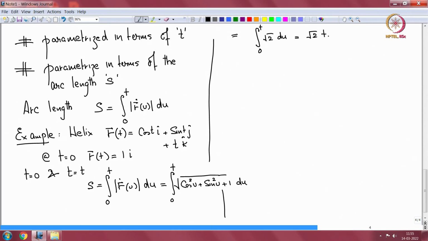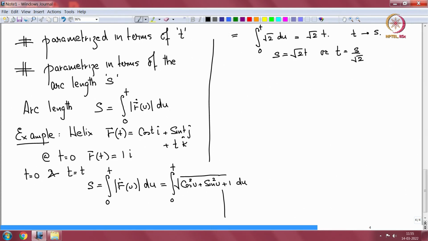Okay, so now we have a relationship between the parameter t and the arc length s. So if your curve is parameterized as t, you can convert to s and vice versa. In this case s is equal to root 2 t, or t is equal to s by square root of 2.